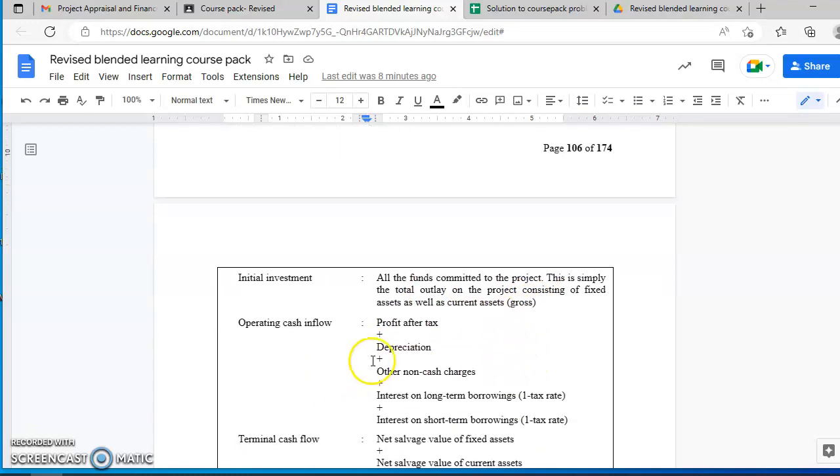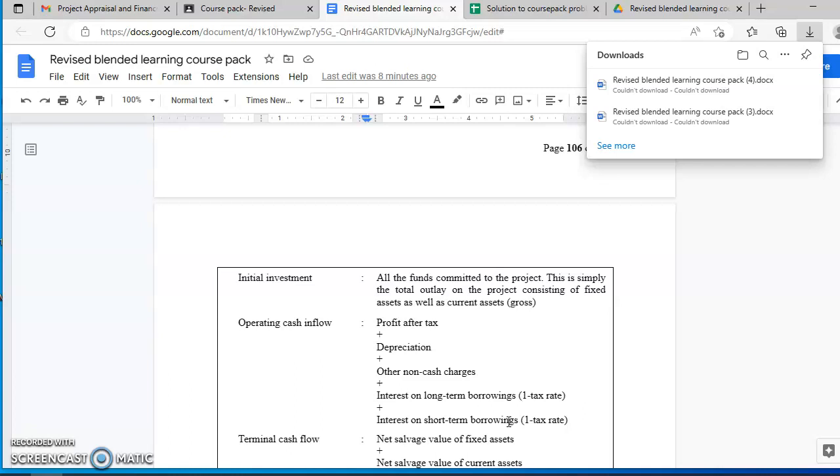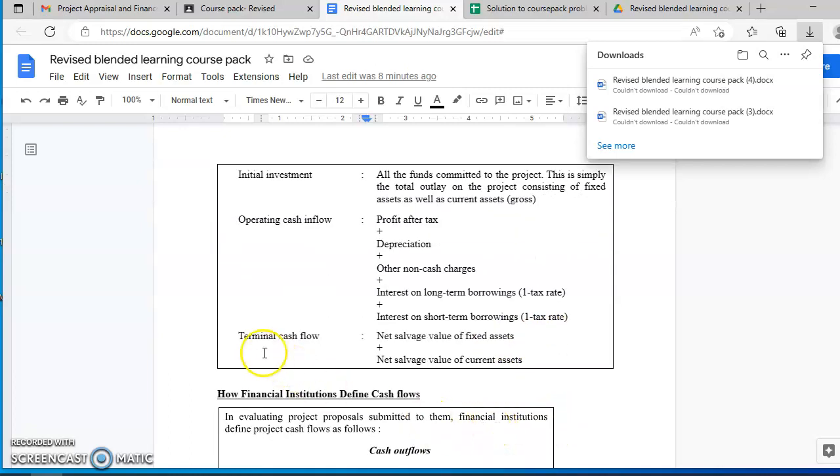Operating cash flow, when I say, it is profit after tax plus depreciation plus non-cash charges plus interest on long-term funds times 1 minus the tax rate, plus interest on short-term borrowings times 1 minus the tax rate, right? And again, the terminal cash flow here is salvage value of the fixed assets plus the salvage value of the current asset.